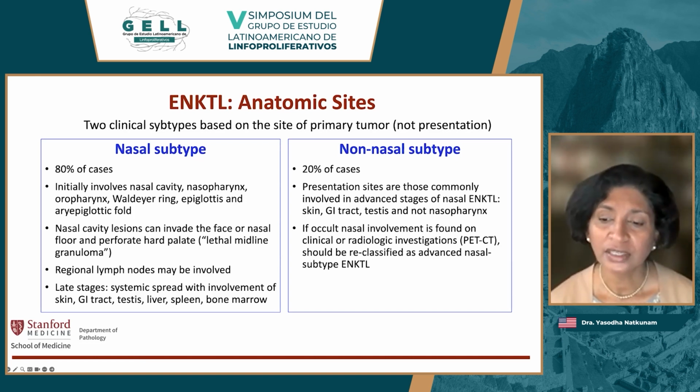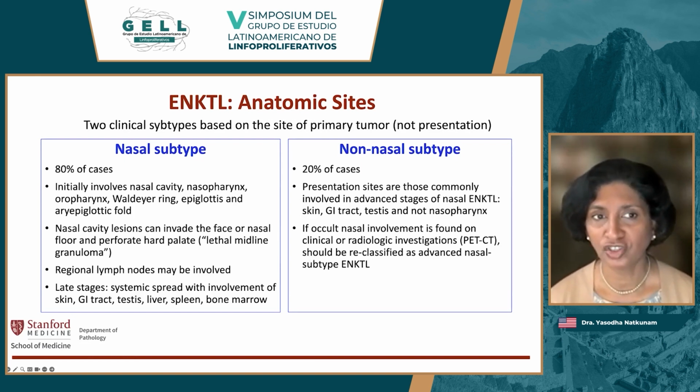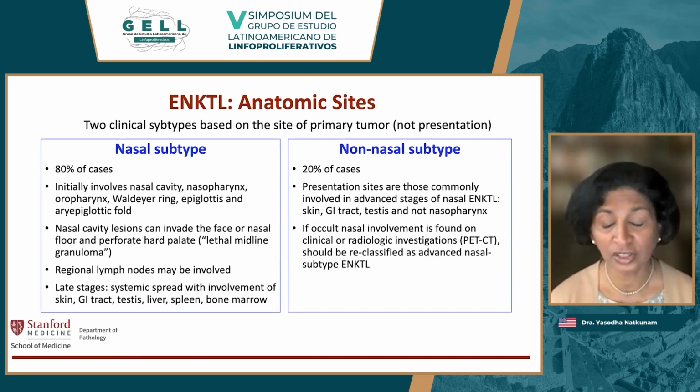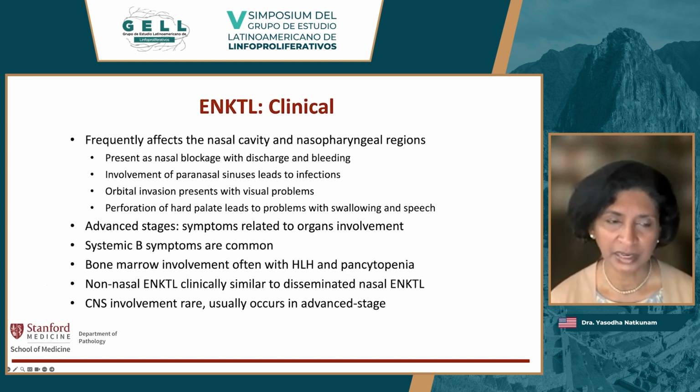When you are considering a diagnosis of non-nasal subtype of extranodal NK T-cell lymphoma, it's actually very important to do investigations to rule out other sites of disease. If nasal involvement is found, it should actually be classified as a nasal subtype. And this has clinical meaning.